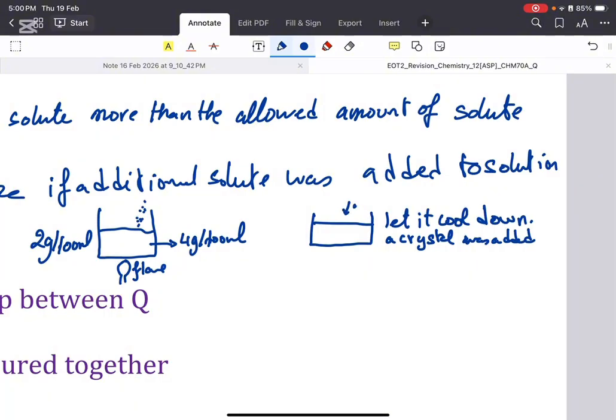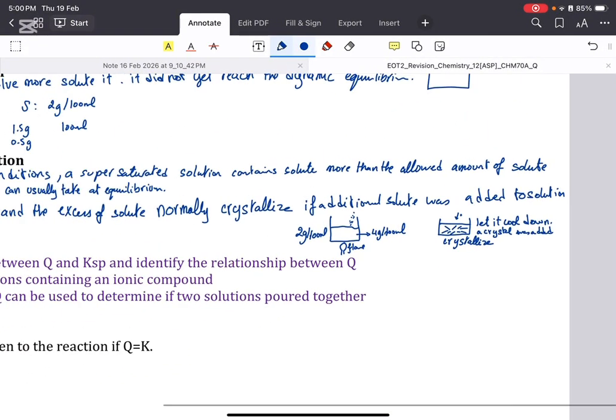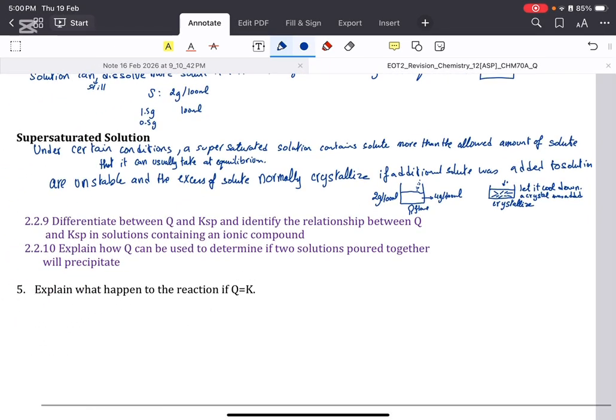At that point, when a tiny drop of solute is added to it, the solution will crystallize in 1 second, immediately. So that is a supersaturated solution.